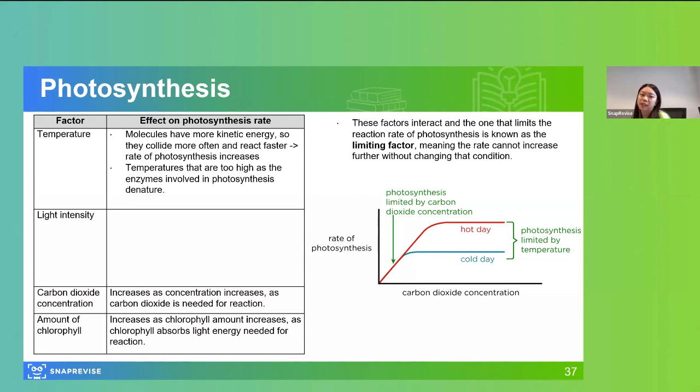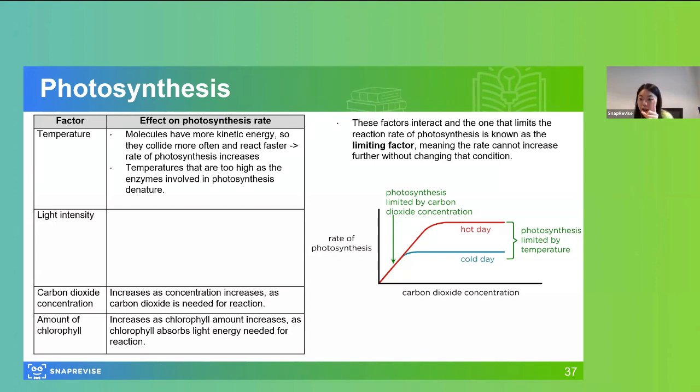What I mean by limiting factors is that it's not just the case that if I increase the amount of carbon dioxide, the rate will keep increasing on a graph. It's not going to be a straight line up. You see on the right there, it plateaus at a certain point. As carbon dioxide concentration increases, the rate of photosynthesis also increases.